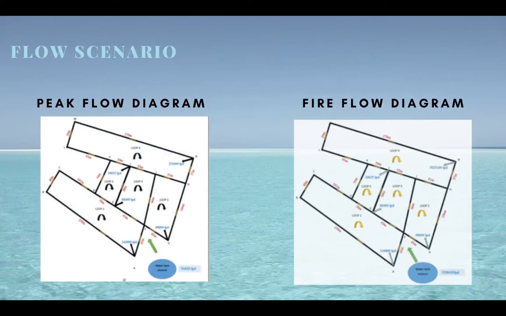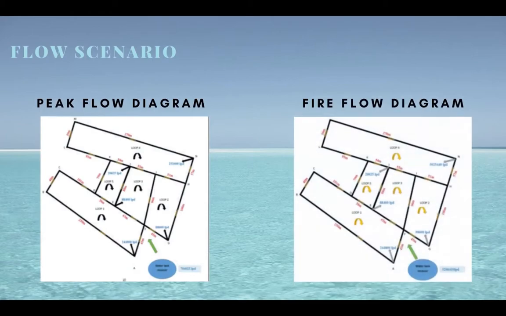Peak flow is 2.5 times the total water demand, to know the peak flow in each loop, and fire flow is 1.5 times the fire release plus the total water demand. For the fire release, we need to see the table in the JKR procedure, then add the total water demand that we calculated. Okay, we go to the next slide.